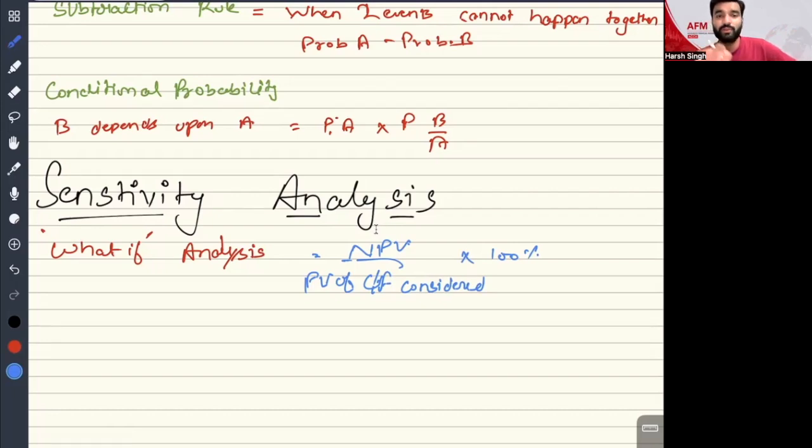But as sensitivity, you have to understand that, let's say, if I'm talking about sensitivity of sales, and we calculated that it is 5%, it means if my sales change by 5%, my NPV can become 0. Okay, my NPV will become 0.